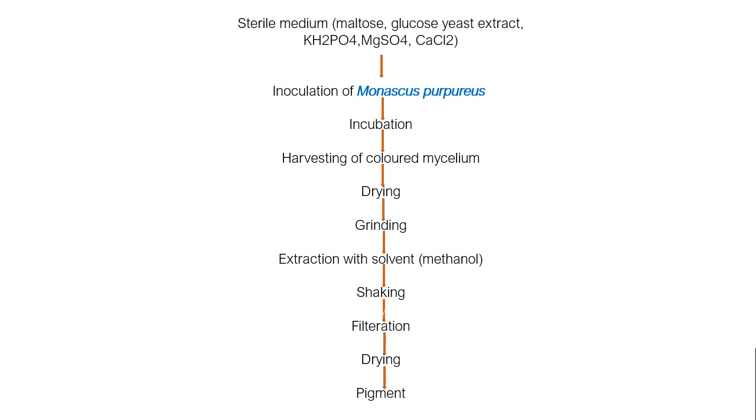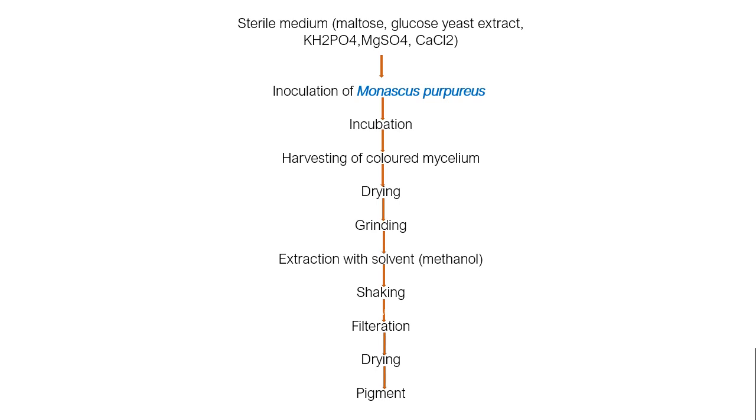For Monascus purpureus, this is the flow chart for the production of pigment I found. First you inoculate the inoculum of Monascus purpureus into a sterile medium which contains maltose, glucose, yeast extract, then K2HPO4, MgSO4 and CaCl2.